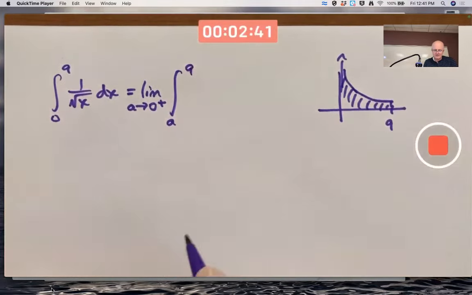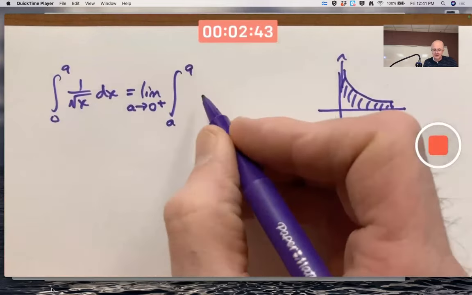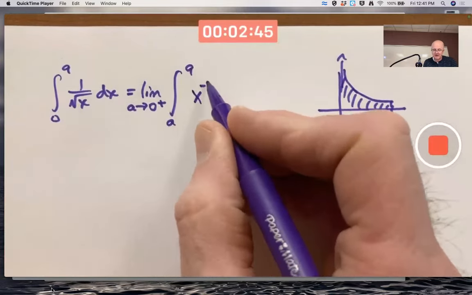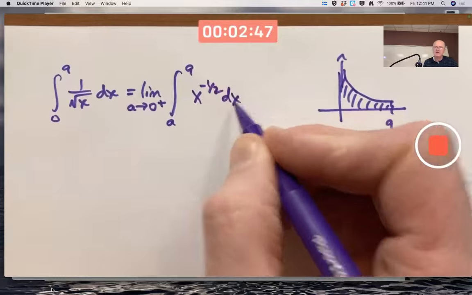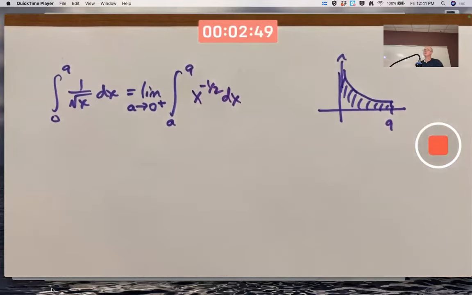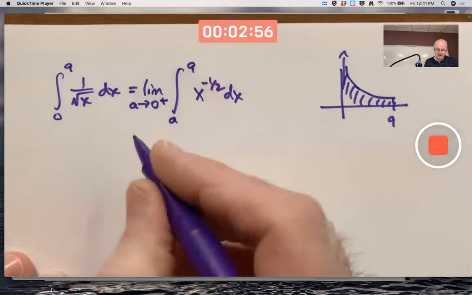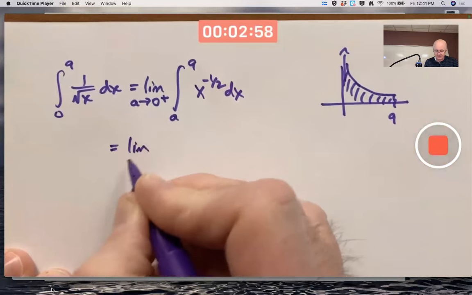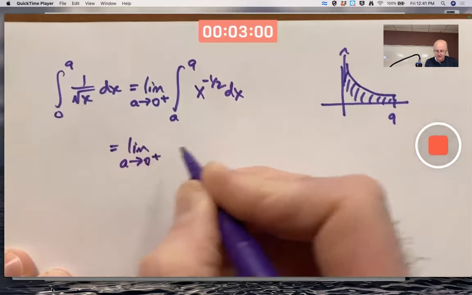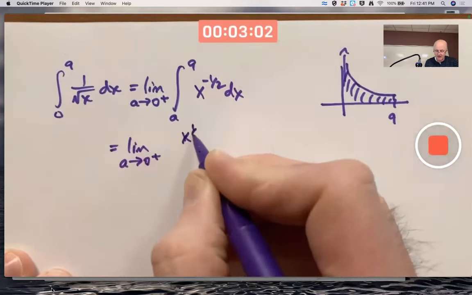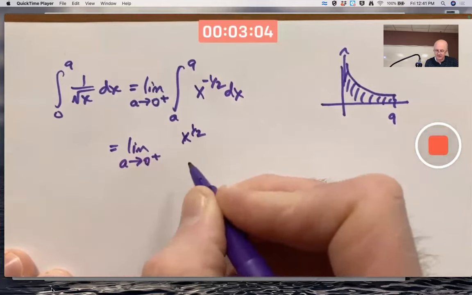To do this integral, it does not involve a natural logarithm. It's best to write it as a power function, x to the negative 1/2 power, which means then you're going to add 1 to the exponent to get positive 1/2 power and divide by that same number 1/2 to do the integral. X to the positive 1/2 power, negative 1/2 plus 1 is positive 1/2.